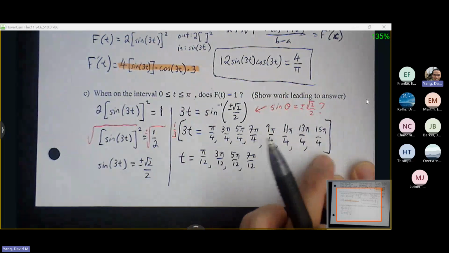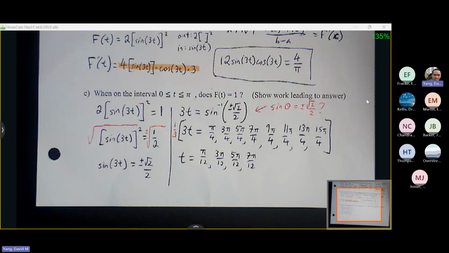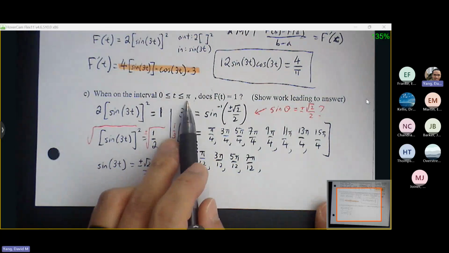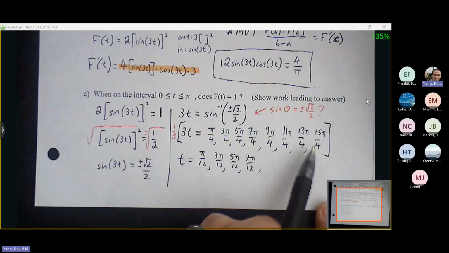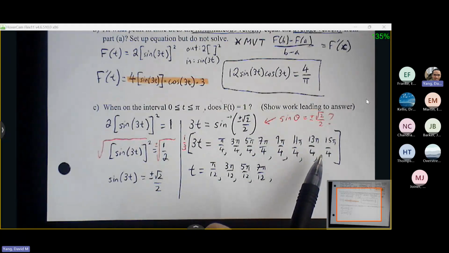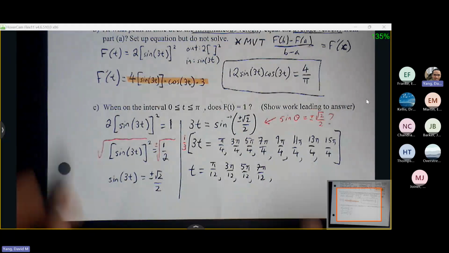So I have to go a little further out because all these values are going to shrink, but I want to have all the values extending out to pi at the end. How far out do you go still? Well, we should be able to get to the point where we're really, really close or 1 over. If we're really, really close or 1 over, then we know we can stop.